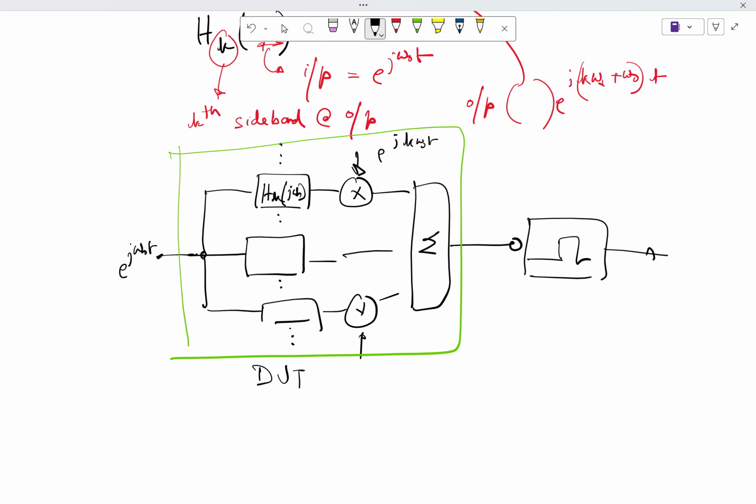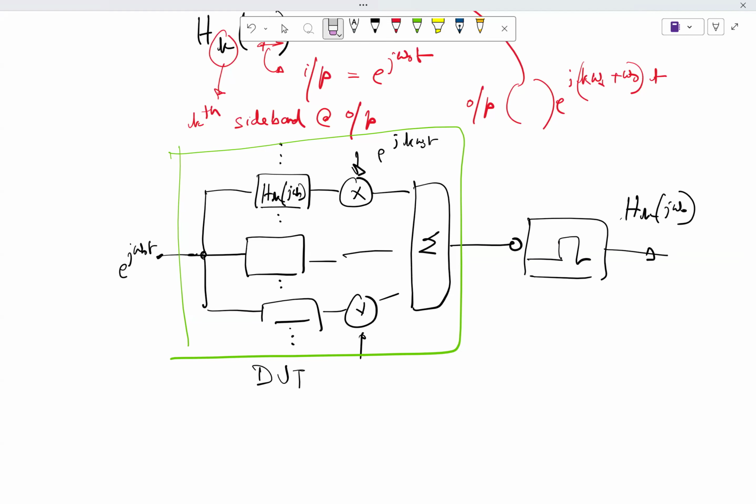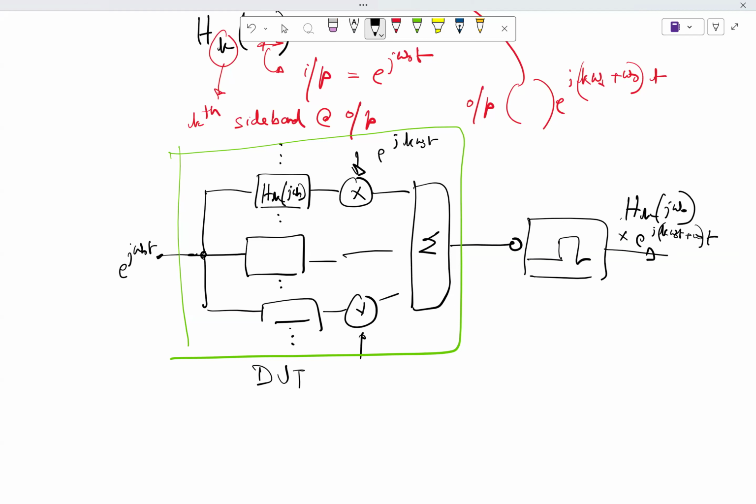And the output of the bandpass filter, I want it to be Hk j omega naught e to the power j (k omega s plus omega naught) t. Correct? So where should I put the bandpass filter? Exactly, right? So that bandpass filter will be at k omega s plus omega naught.